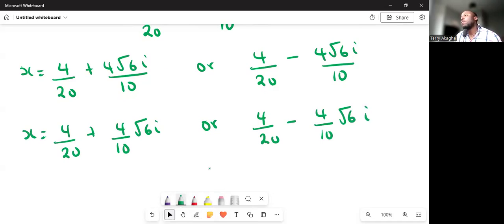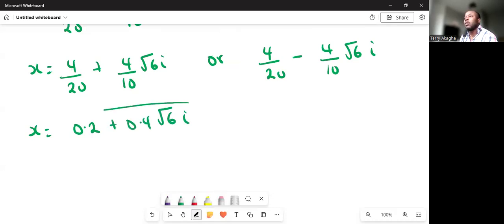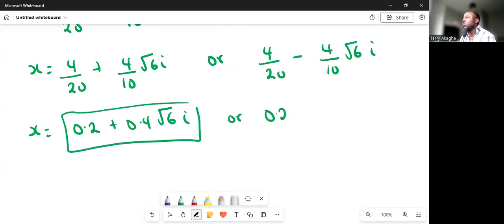All right? Then you get 4 divided by 20. When you press your calculator, it is going to give you 0.2 plus 0.4 root 6i, the first one, or 0.2 minus 0.4 root 6i.